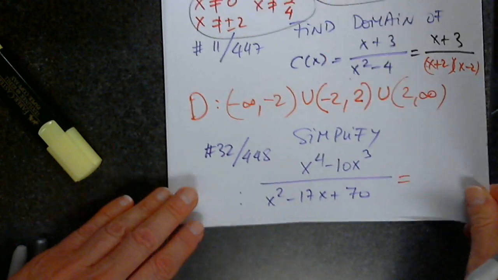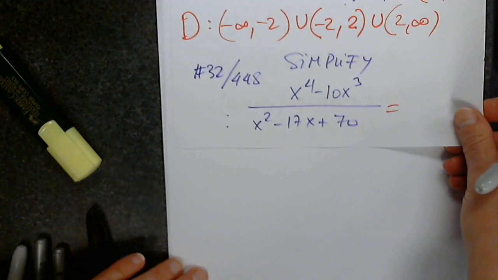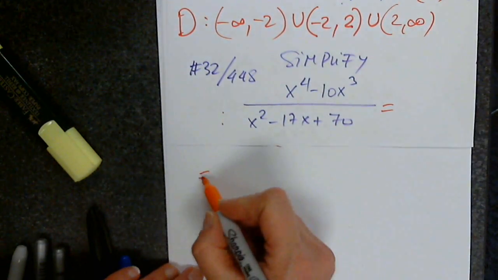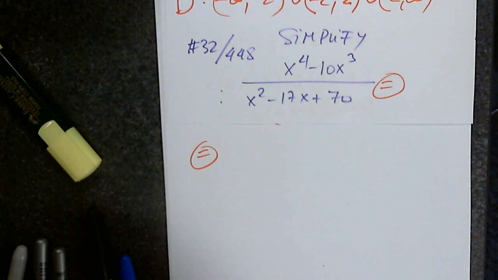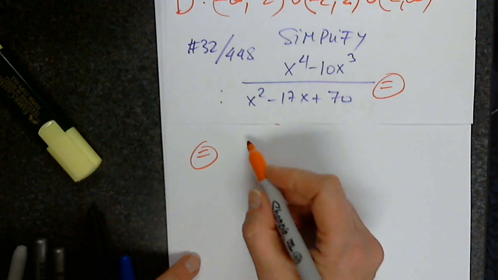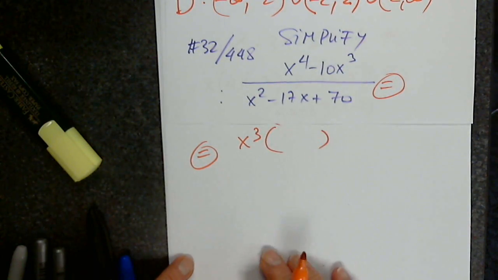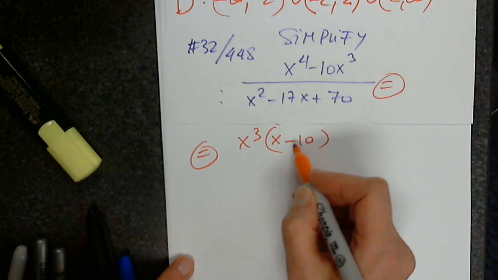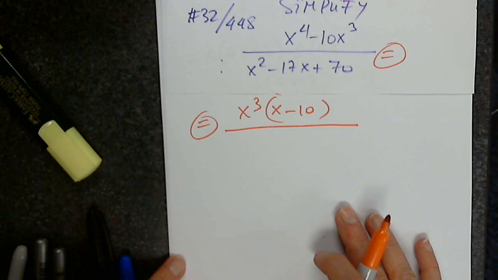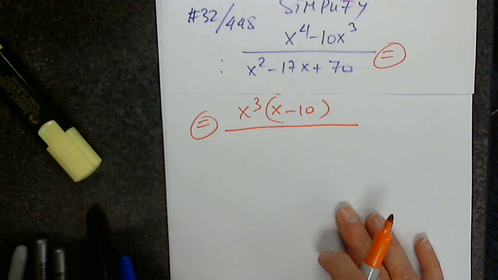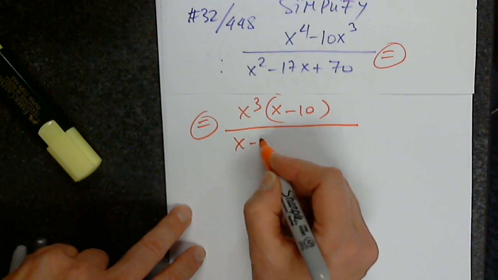Simplify the last one. The numerator, please. x to the third multiplied by x minus 10. The denominator, please. x minus 7 times x minus 10.